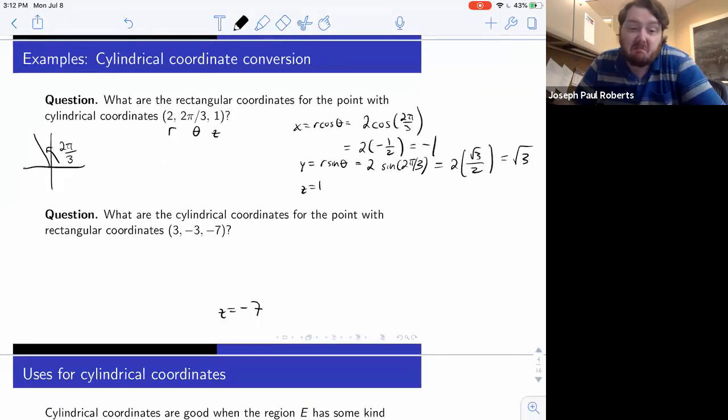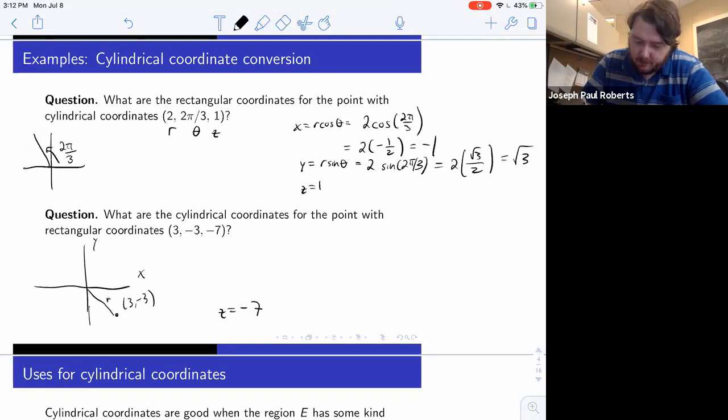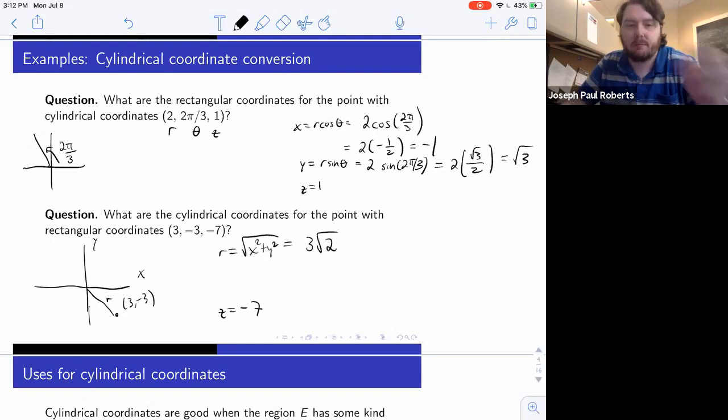As far as figuring out cylindrical from Cartesian, again, nothing happens to z. So z is minus 7 in our cylindrical coordinate system. And then this point 3, minus 3, we basically just need to convert to polar in the xy plane. So r is the distance to the origin, which is the square root of x squared plus y squared. So you end up getting, be careful, 3 root 2. So you'll have the square root of 18.